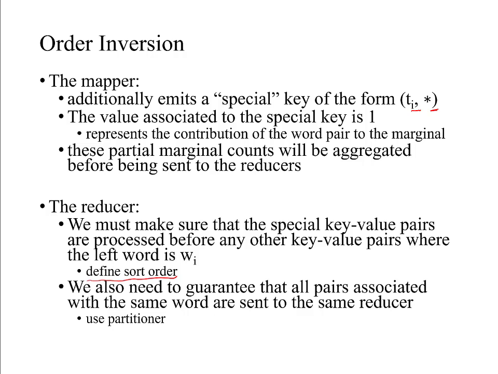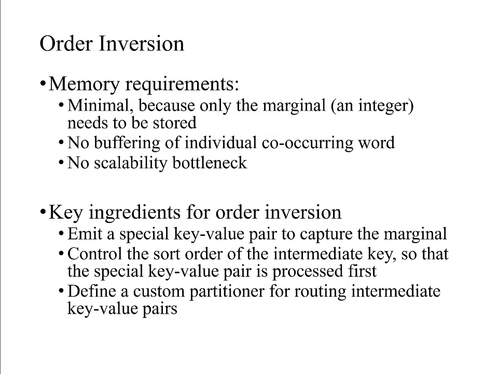So we need to define a sort order, and we also need to guarantee that all pairs associated with the same word are sent to the same reducer. That part we can achieve using a partitioner.